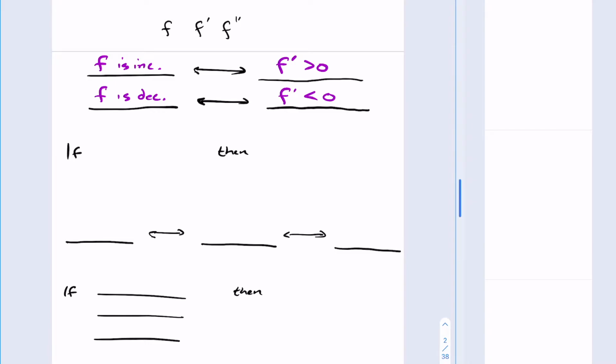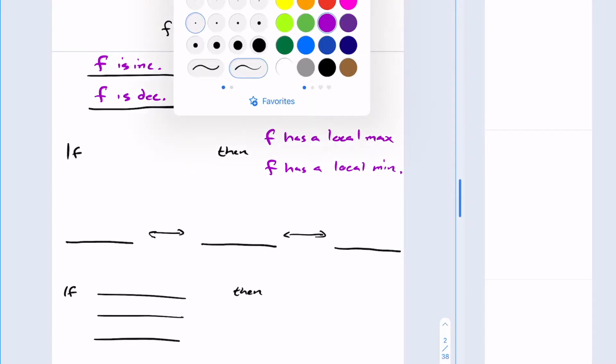And if something happens, then f has a local max, and if something happens, f has a local minimum.